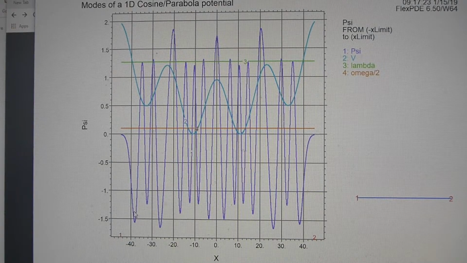So that is a big difference from the classical case. Another big difference is that the wave function actually extends beyond the classical turnaround.